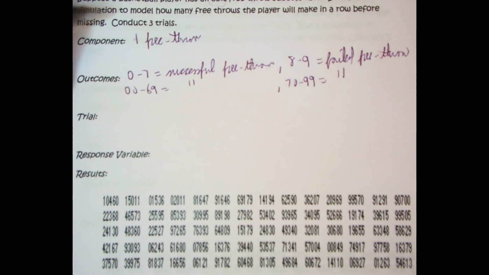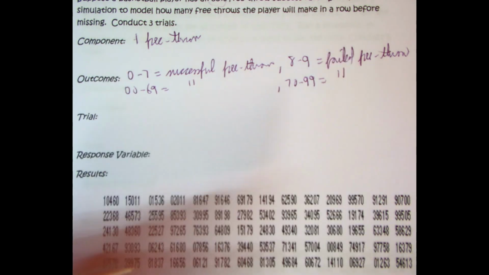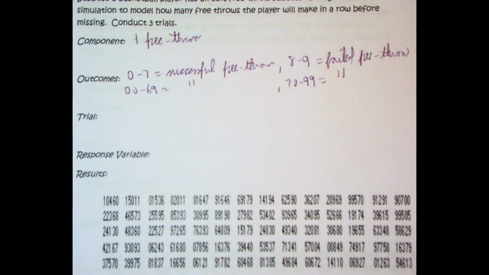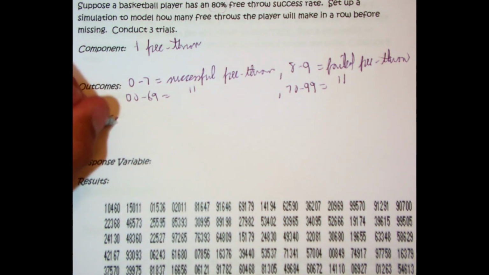The trial now. So we're gonna set up a trial to figure out how many times this person is going to shoot before they miss. Okay, so in this case, I'm going to use 2-digit numbers.